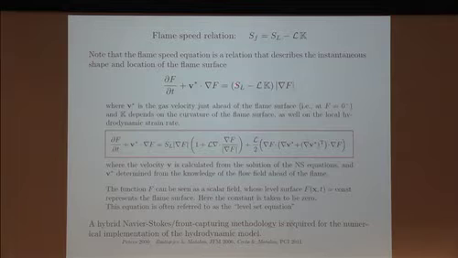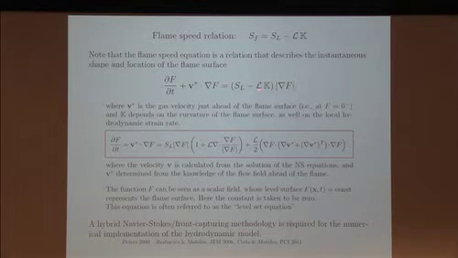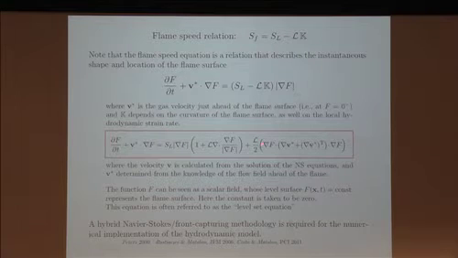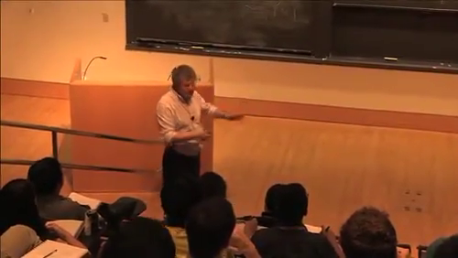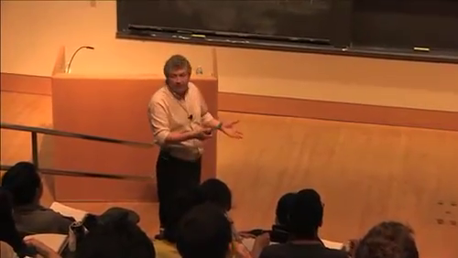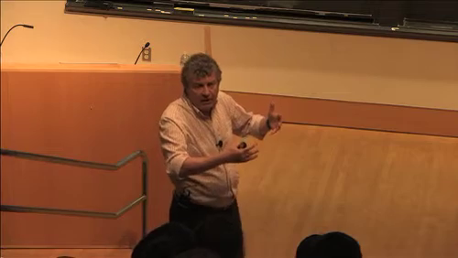Before we had just S_L times the gradient of F. So if you now substitute the fact that this K depends on the flow field, of course you get a quite complicated equation. I don't want to do anything more with that equation, just want to show you that it's a complicated equation and it's coupled to the flow field. So in fact you have to solve this in conjunction with the flow field, which is changing as a result of the fact that the flame is propagating.